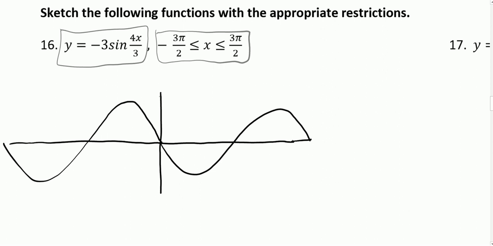Notice there's a 3 for the amplitude, so reaching a maximum height and a minimum height of 3 and negative 3. First, let's assume we just had the function y equals -3 sine x.